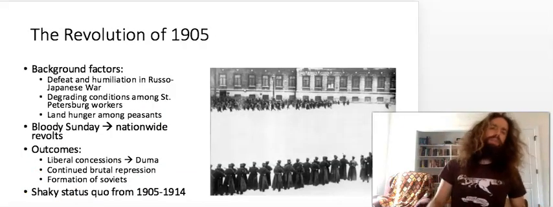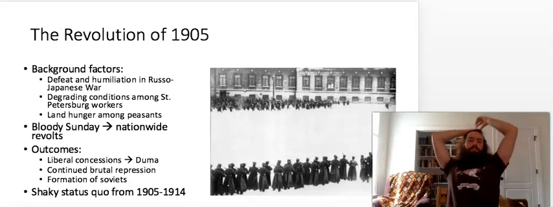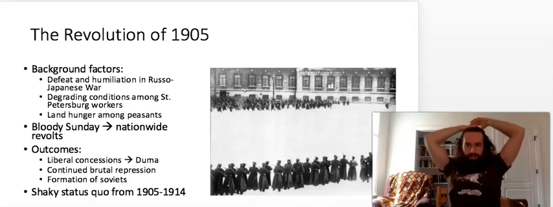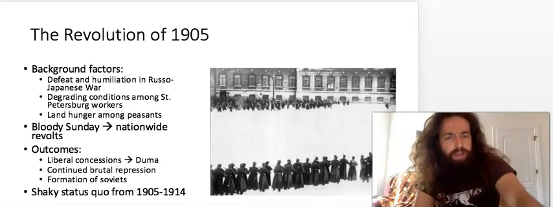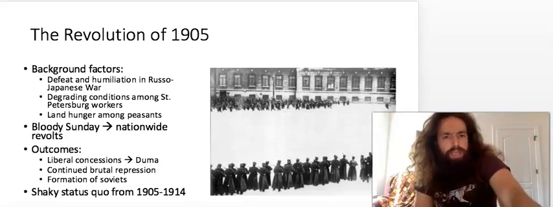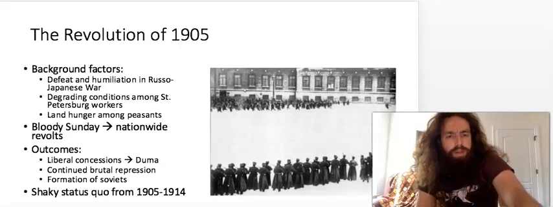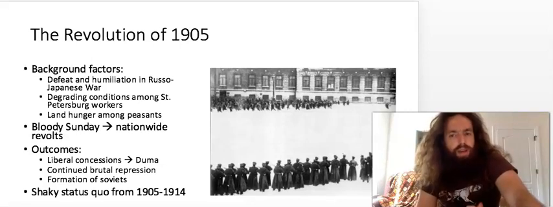All right, so let's get to the revolutions. So Russia goes through a series of revolutions, and the first revolution is in 1905. And there's a couple of reasons for this. First of all, Russia enters a war with Japan and is soundly defeated by Japan.